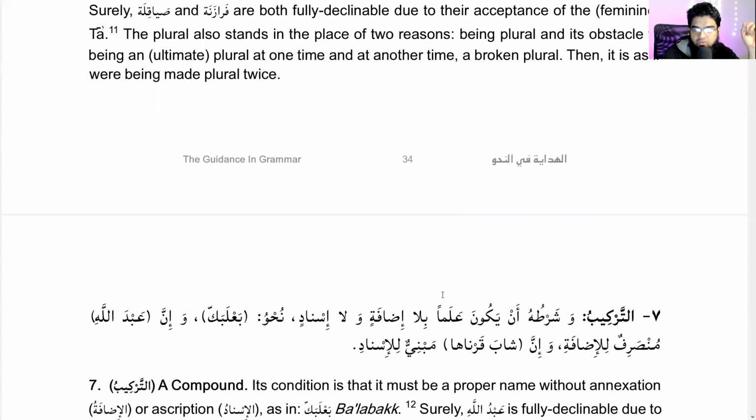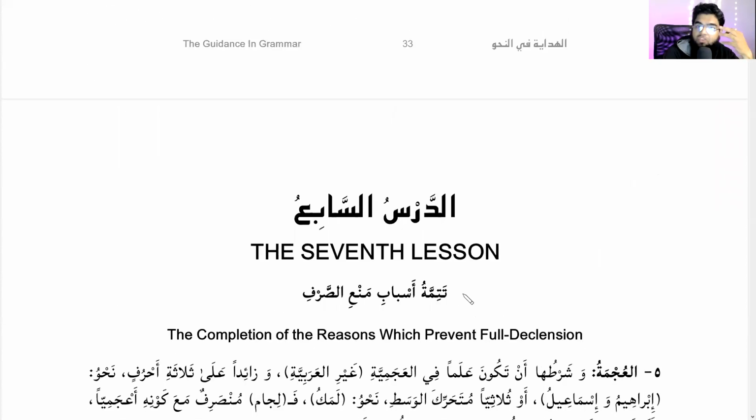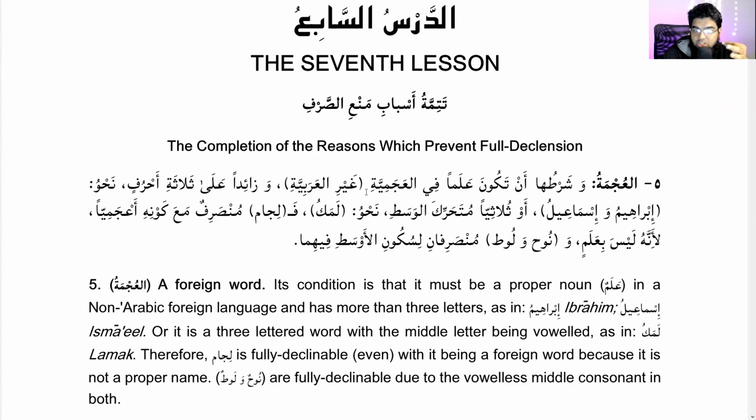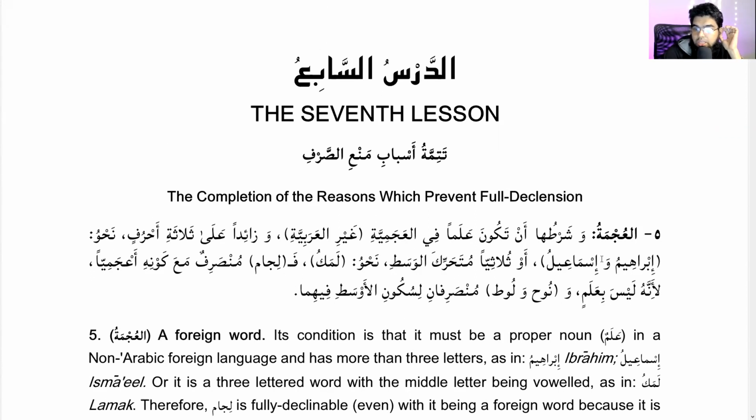What was the condition for being foreign? That it should not be 3 letters. Okay, if it is 3 letters, the middle letter should not have sukun. وشرطها أن تكون علما في العجمية غير العربية وزائدا على 3 أحرف نحو إبراهيم وإسماعيل أو ثلاثيا متحرك الوسط. So many conditions.